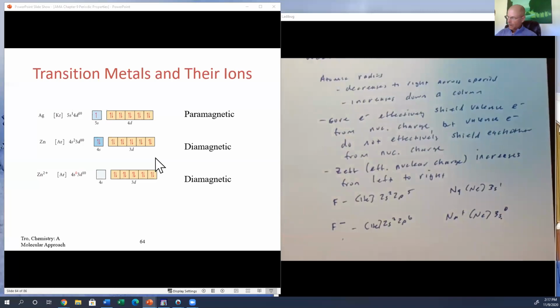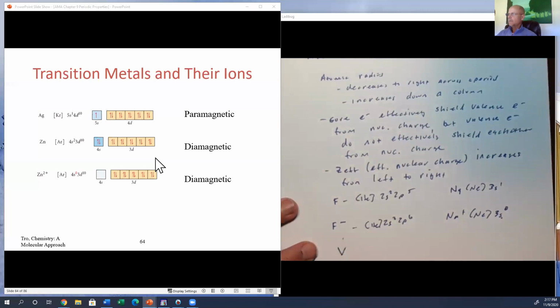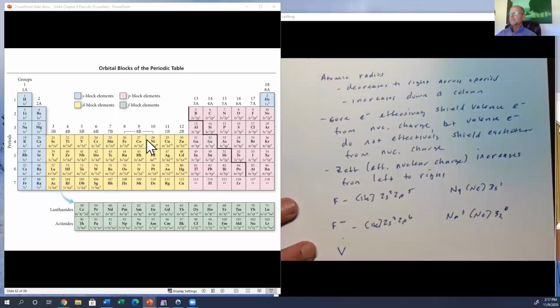So for example, vanadium, let me go back to this periodic table right here. Vanadium has an argon core, and then from there we go 4s2, and then 3d3, right?